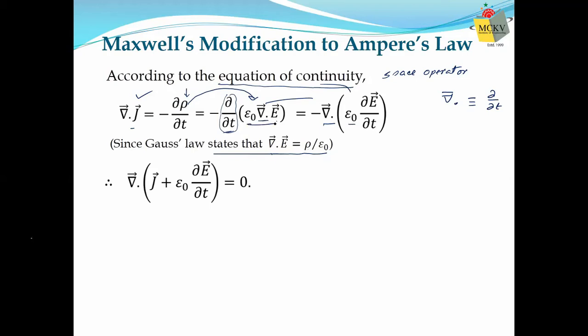Then the space and time operators have their positions interchanged, so that the left hand side and right hand side can be written in such a way that divergence is taken common. So now divergence of this whole quantity is 0.